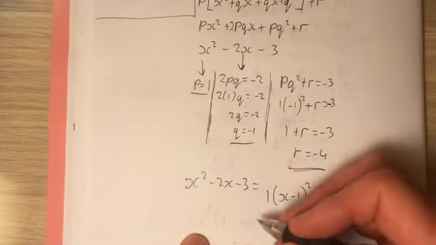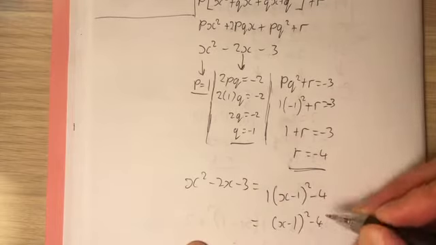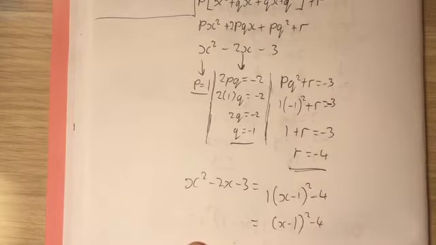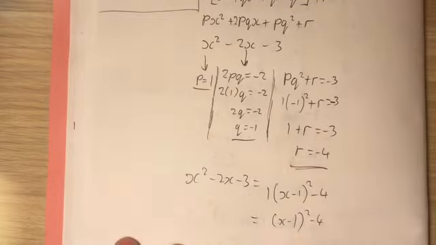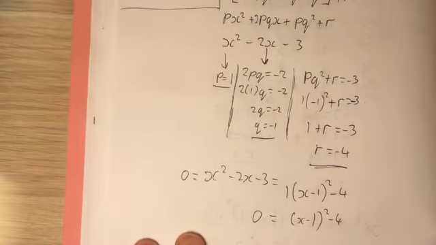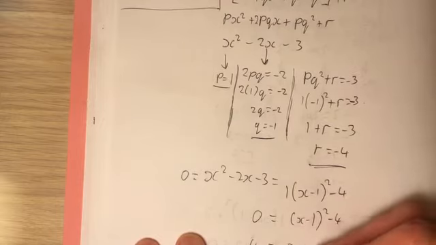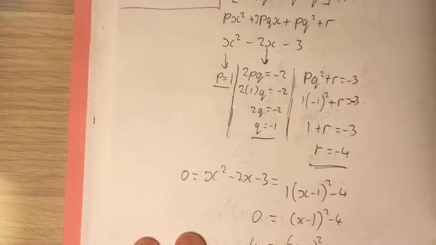And I could simplify that even to just x minus 1 squared take away 4. I can then go ahead and solve that. So the question said this equals 0. So if 0 is that and 0 is this, then I'm going to add 4 to both sides, and I've got 4 is x minus 1 squared.